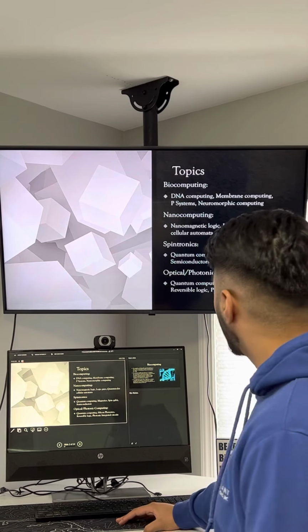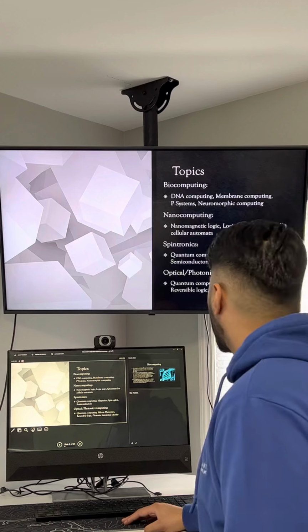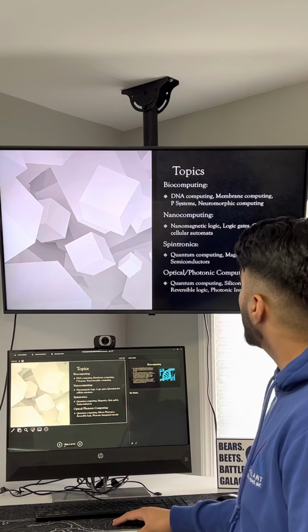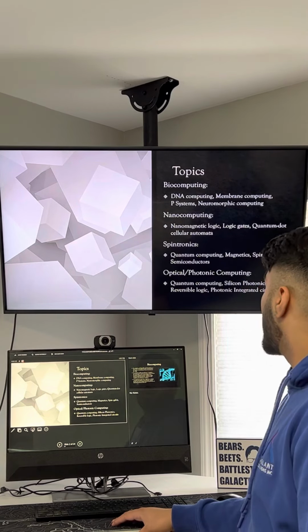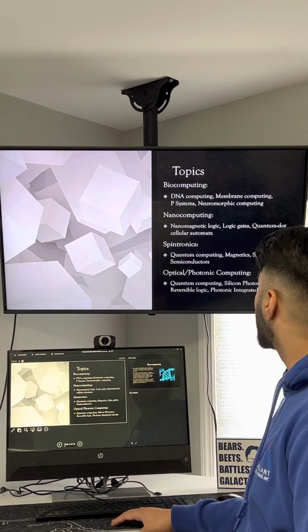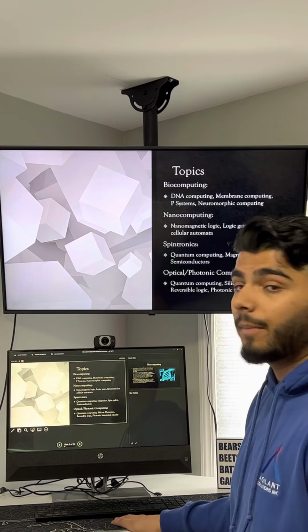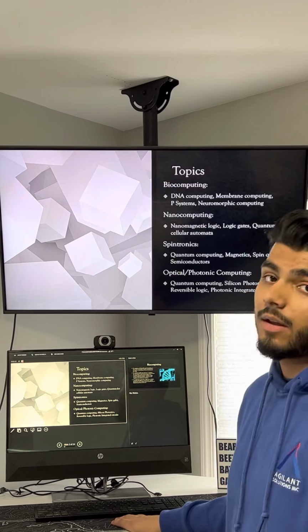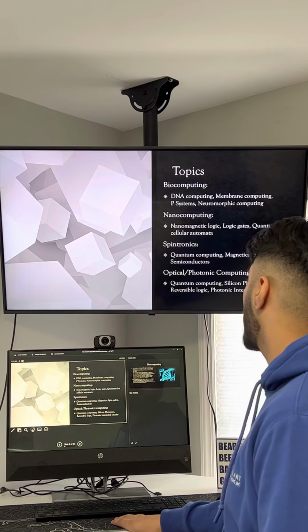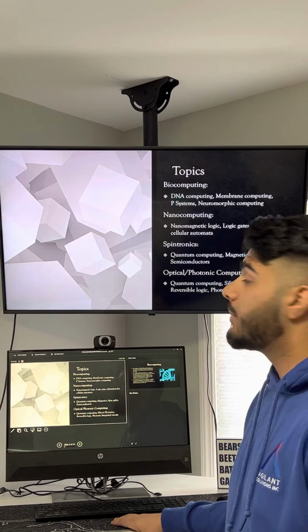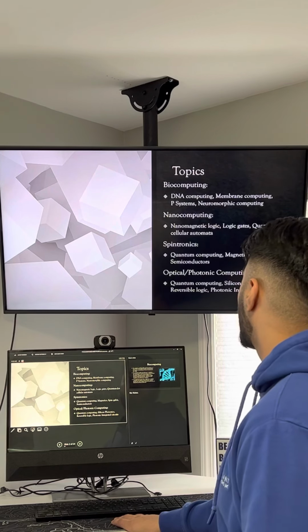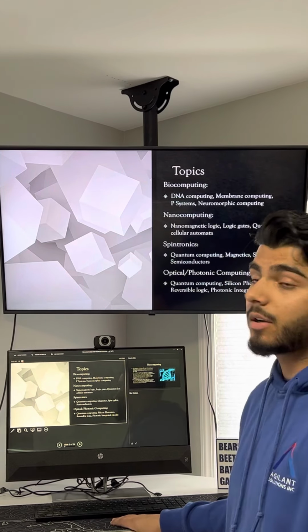Second topic will be nanocomputing. The subtopics for that will be nanomagnetic logic gates, quantum dot cellular automata, and also the next topic will be spintronics. To be about quantum computing, magnetics, spin qubit, semiconductors.